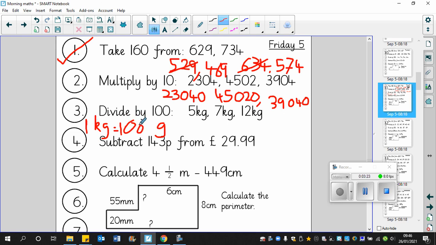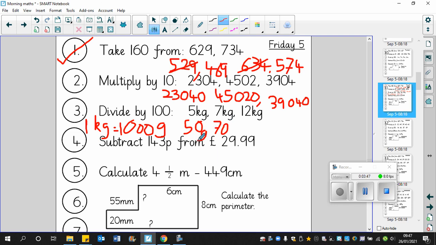So 1,000. Okay, so 5 kg, so that's 5,000 grams. Okay, 5,000 divided by 100 is, of course, 50. 7 kilograms, 7,000 grams, divided by 100 is 70. And let's put the grams here.